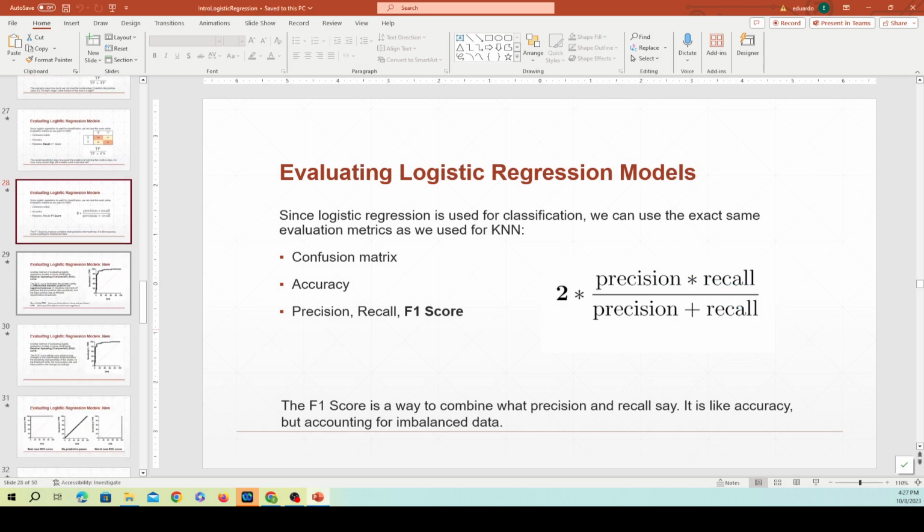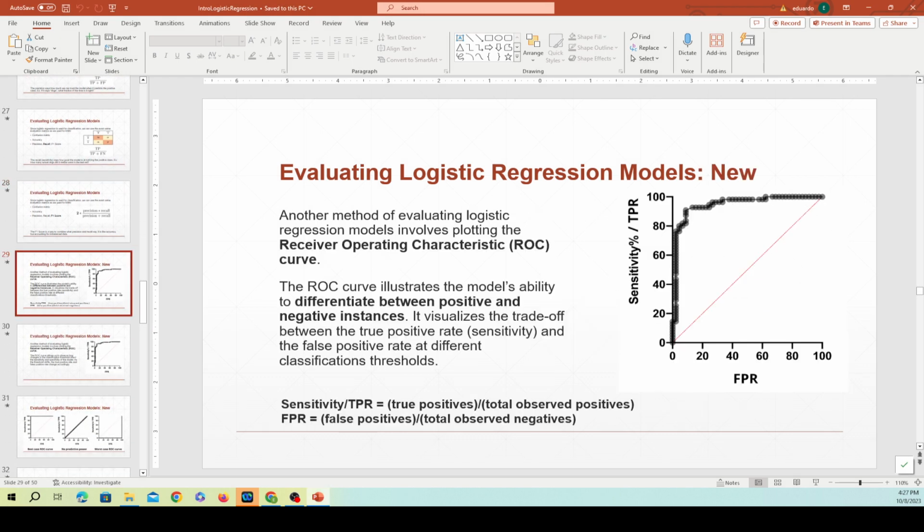Now, there's another way to determine this accuracy, and that is the receiver operating characteristic, the ROC curve. We calculate the sensitivity, the true positive rate, and then compare it to the false positive rate.